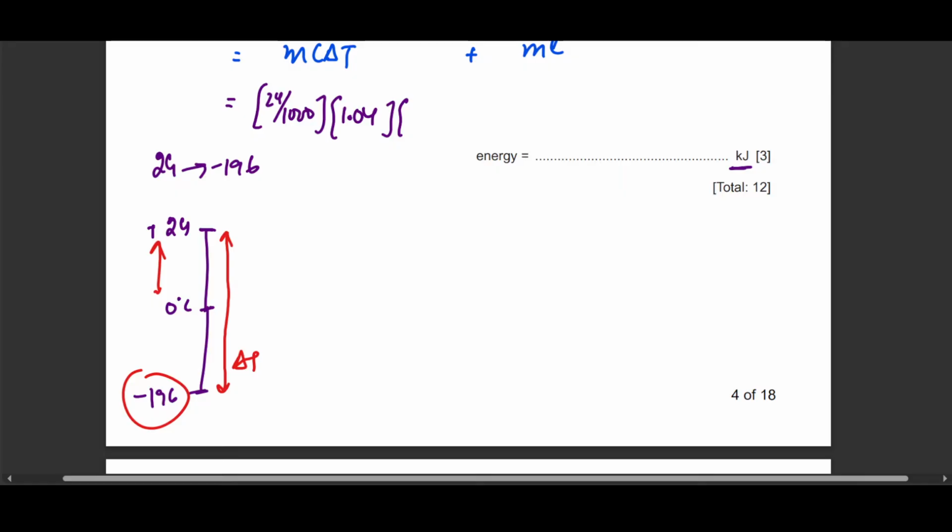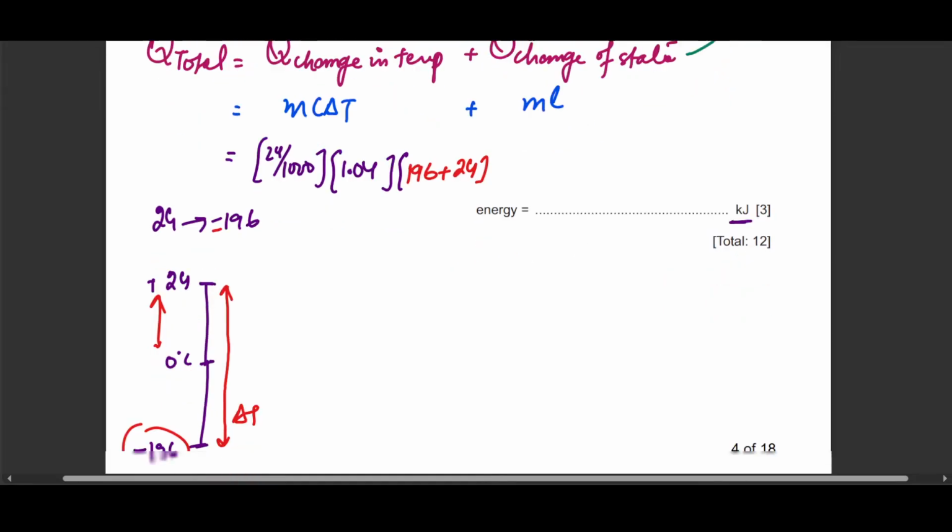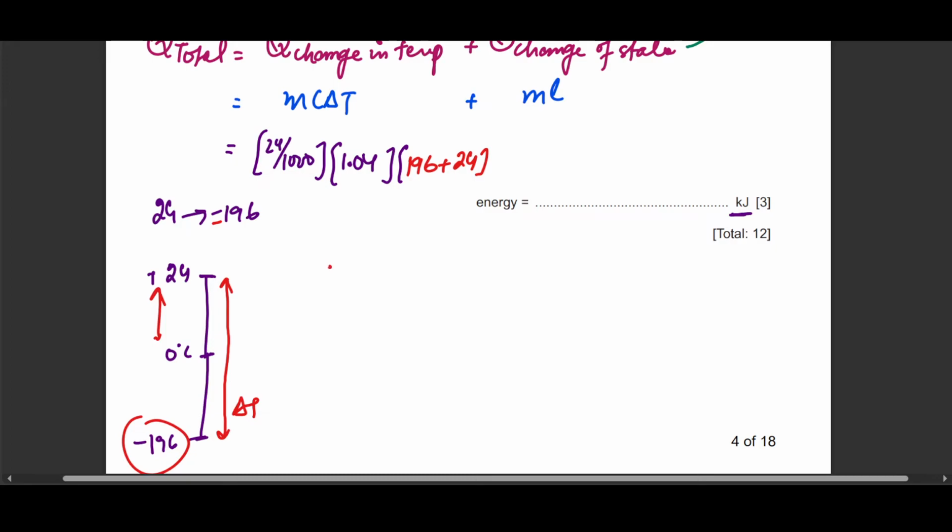When you do that, your negative sign will be compensated automatically, and you will see that both numbers are going to get added together. So this becomes 196 plus 24, or, to a simpler mind, minus 196 minus plus 24, the final temperature minus the initial temperature. Again, notice that they're both becoming negative, so it's going to get added together. And do I need to include the negative sign in the question?